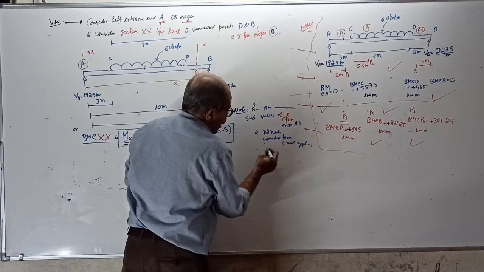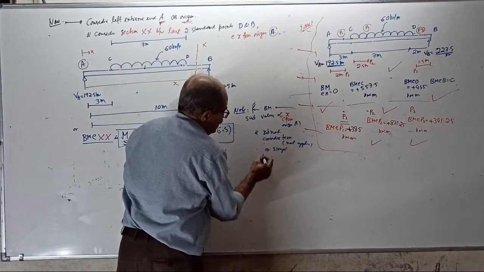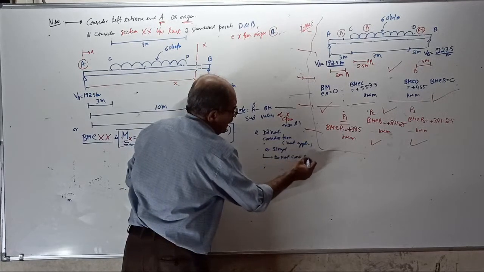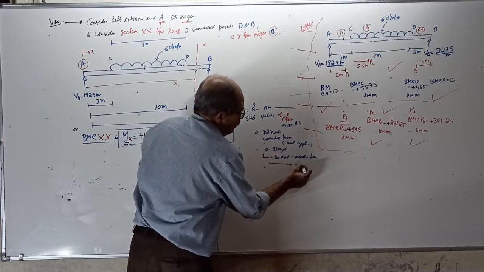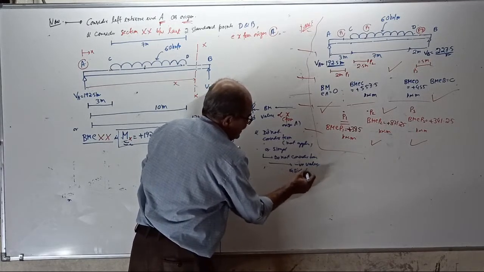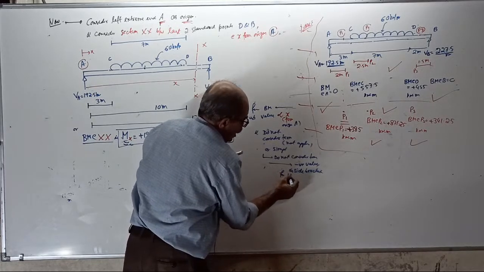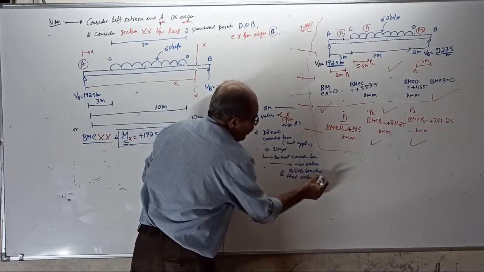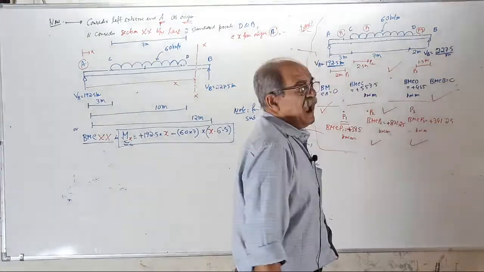Or in the crude or simple method, what you can tell? Do not consider terms which will result in negative value inside the bracket for that value of x. This I told you 1,000 times. Clear or not? Now use this equation and find BM.